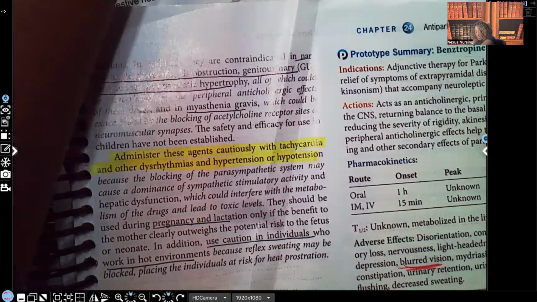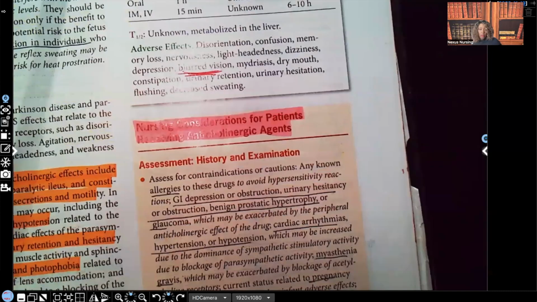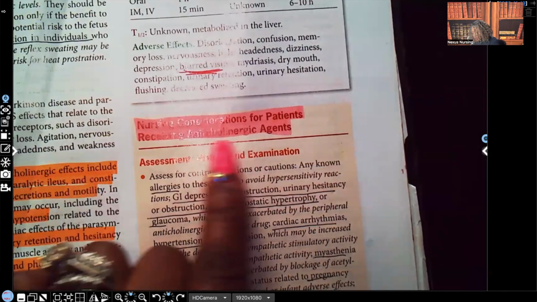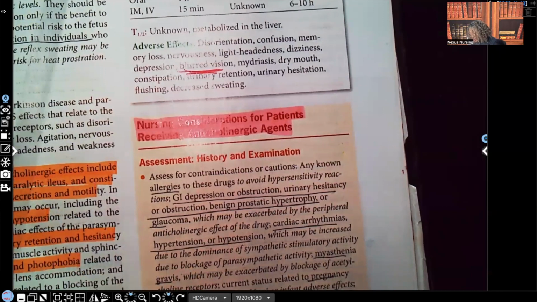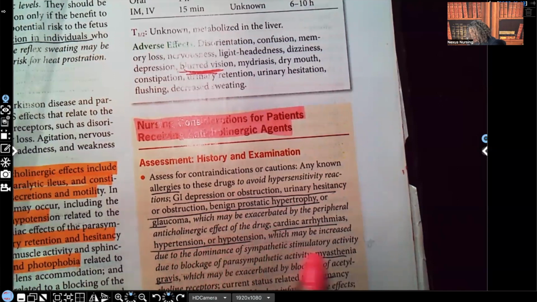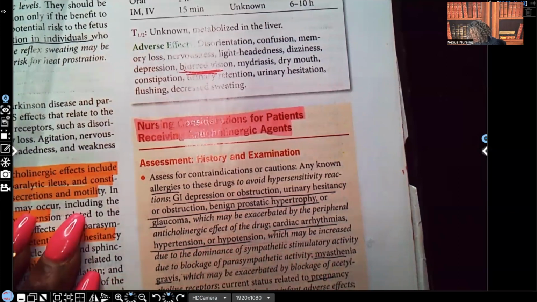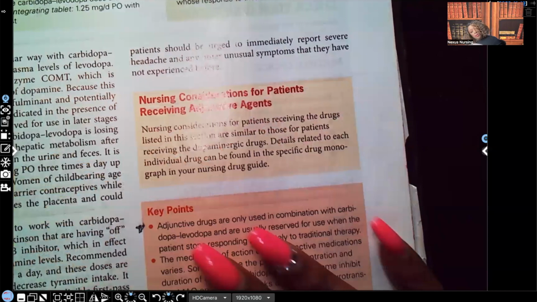I think we'll see it even a third place in this book. Nursing considerations for the patient with anticholinergic agents. Let's see. Okay, but we don't see it a third time.